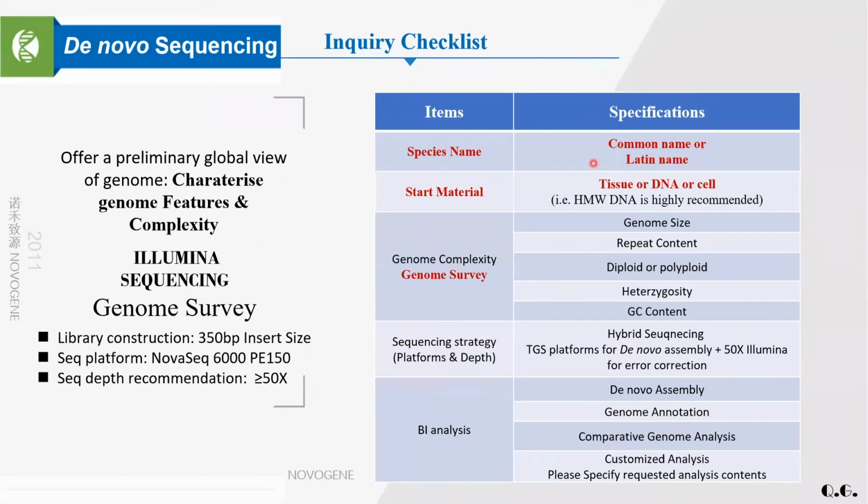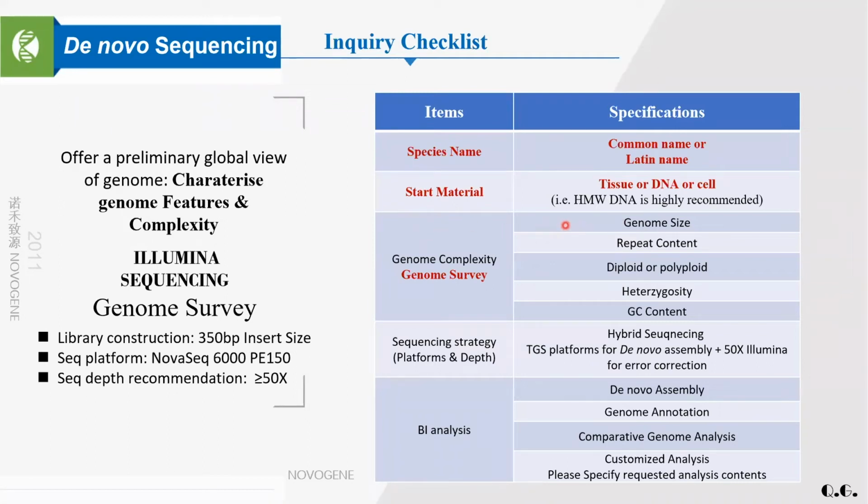To start a de novo assembly project, we will request our clients to fill this inquiry checklist. So clients will have to provide us with the species Latin name, starting material types. It could be either tissue or cell or DNA samples. High molecular weight DNA samples are highly recommended, as well as characteristic features of the genome.